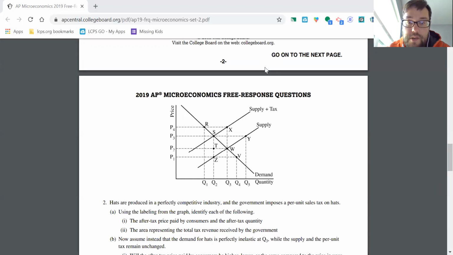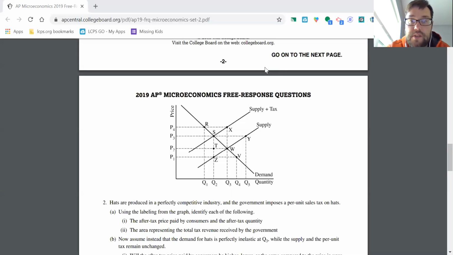Producer surplus, right? We were up at this point here. Producers receive this amount, so producer surplus is down over here. Let's just shade in that triangle.